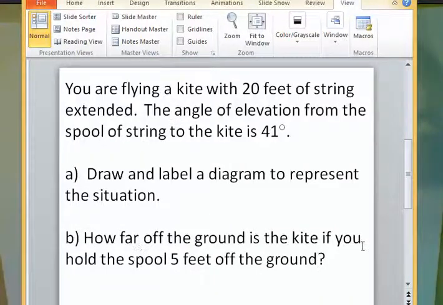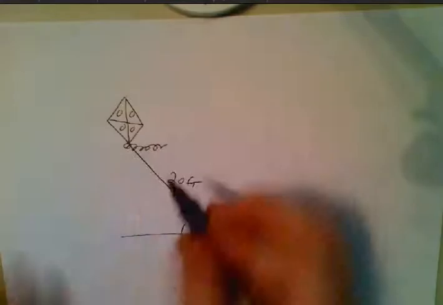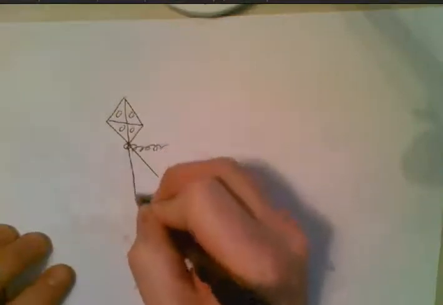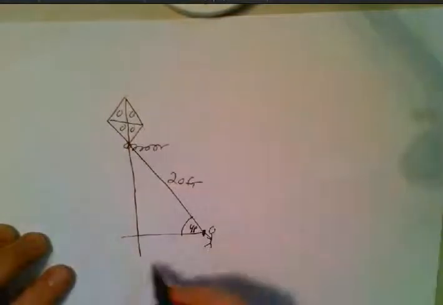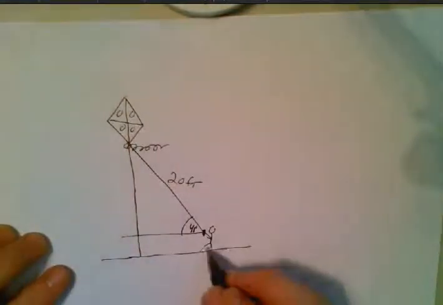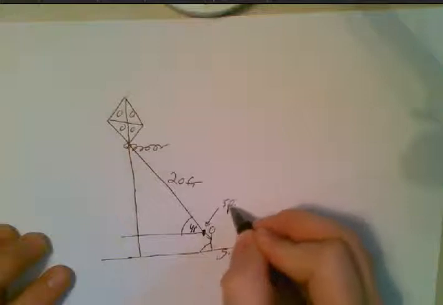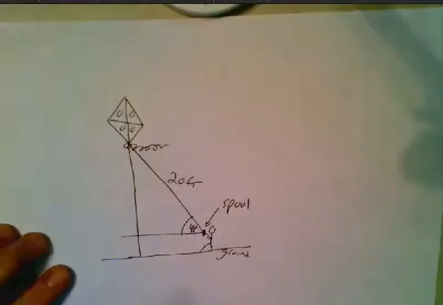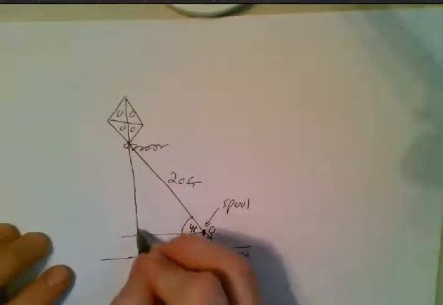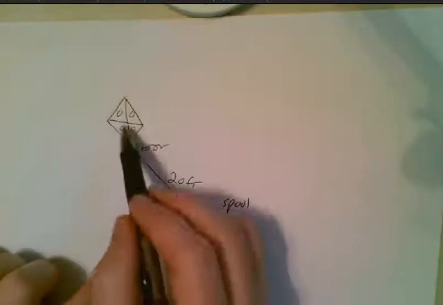How far off the ground is the kite if you hold the spool 5 feet off the ground? So they basically want how high up the kite is, if this is the ground here, this is the spool, and everything else is obvious there. They want to know how high up the kite is off the ground.